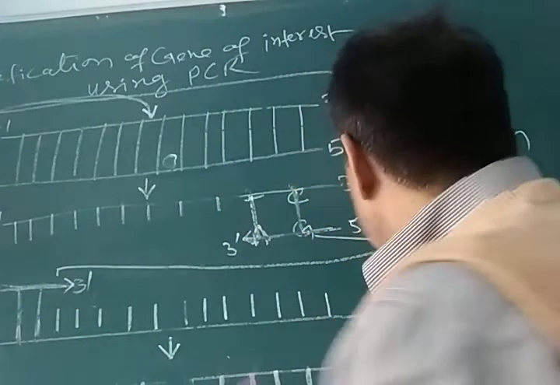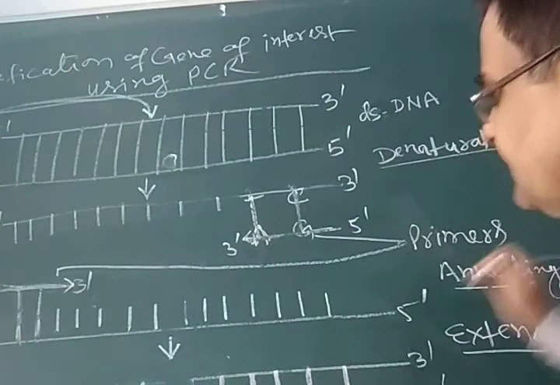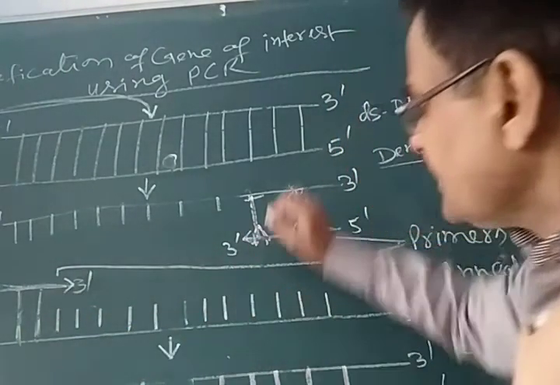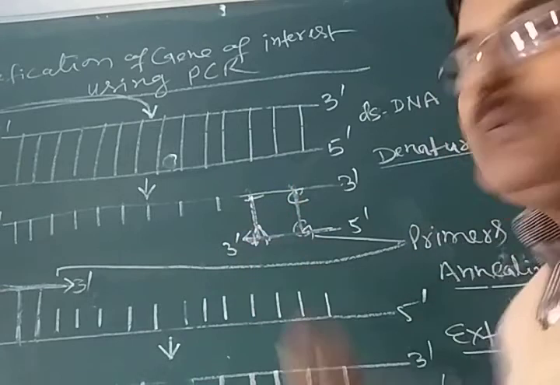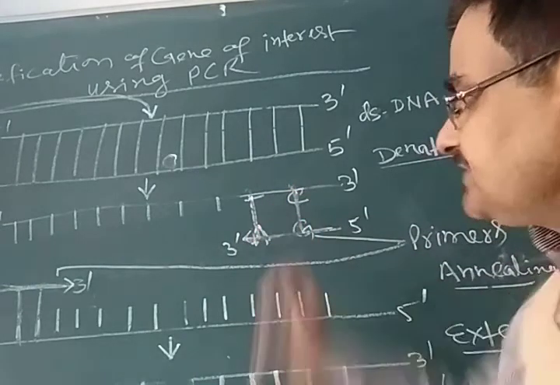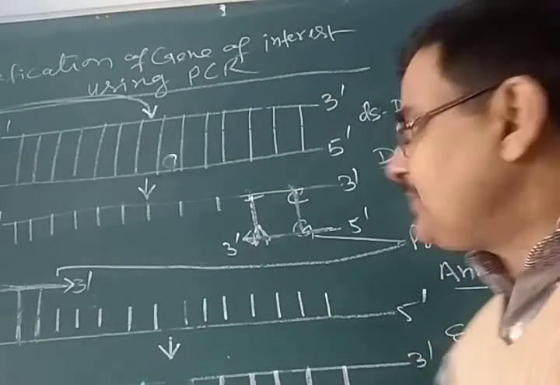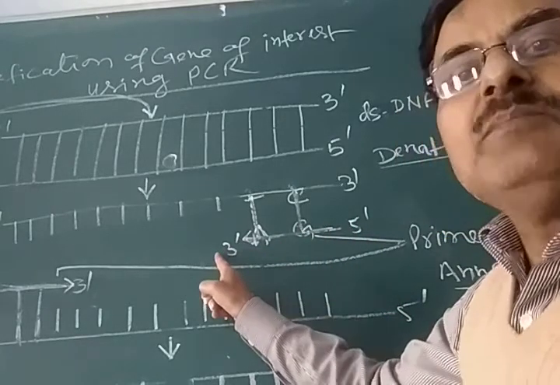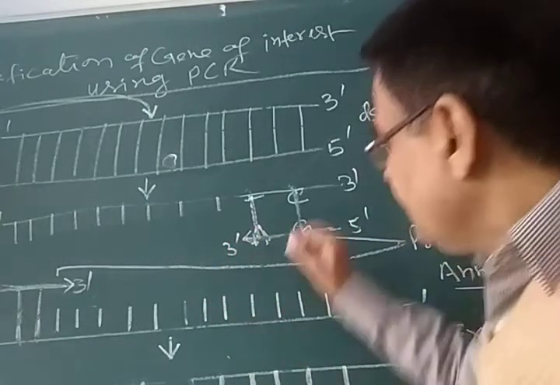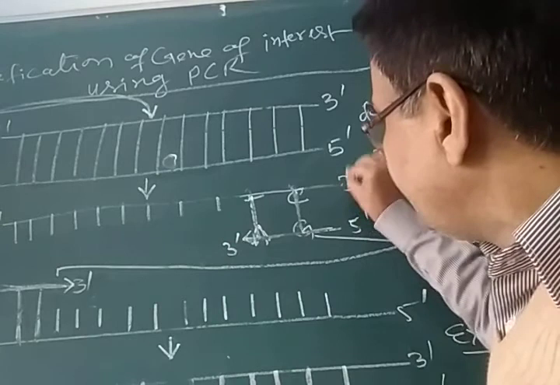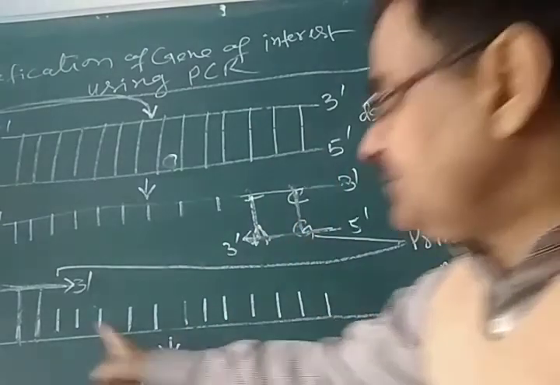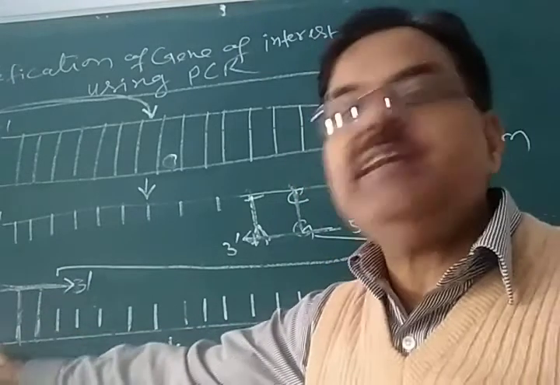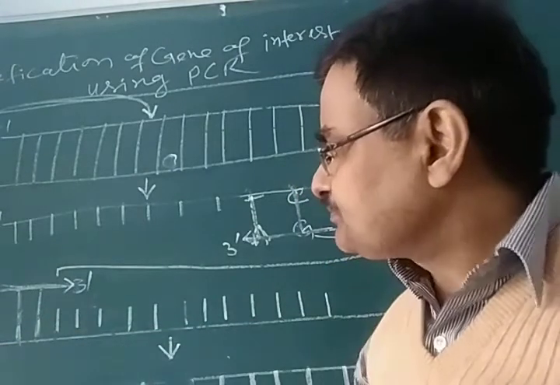So this step is called annealing, that is, the addition of two sets of primers for the two template strands, and these primers help in the initiation of replication from the 5' direction to the 3' direction. The primer is added at the 3' end of the template strand.